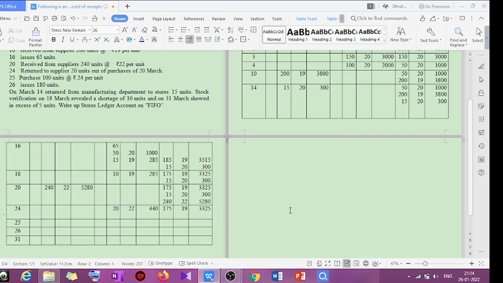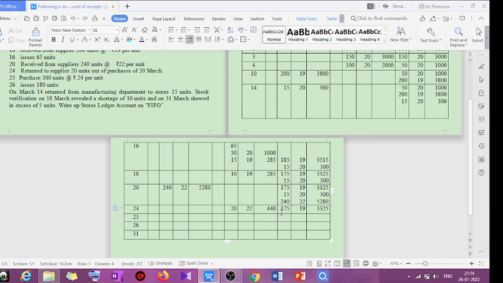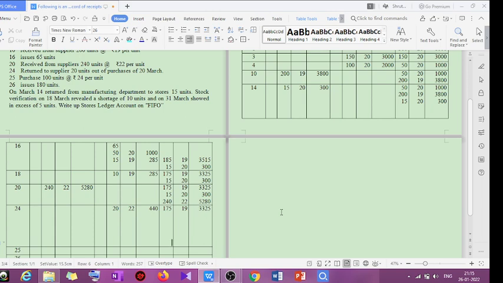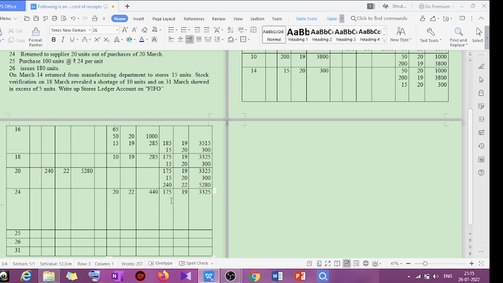Then from the next slot, one second. I hope it is visible to you. From the first slot, 175. From the second slot, same thing, no changes. What about the third slot?